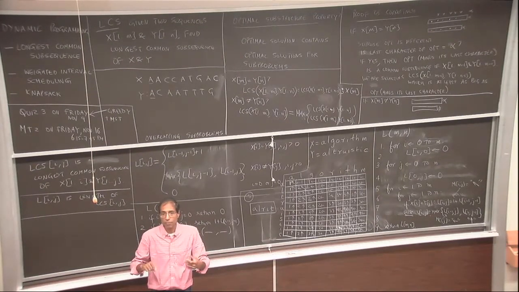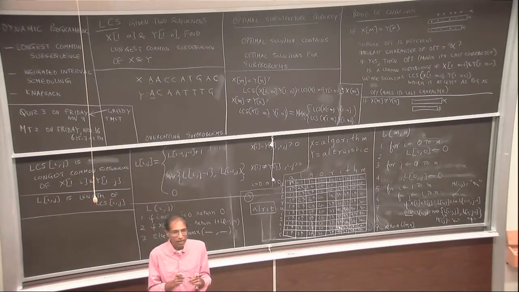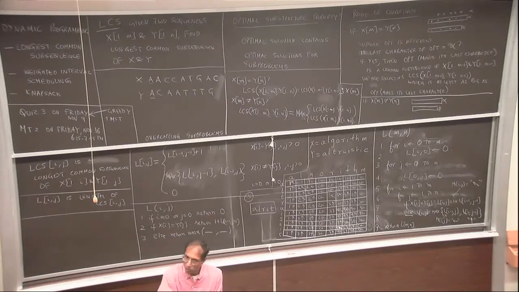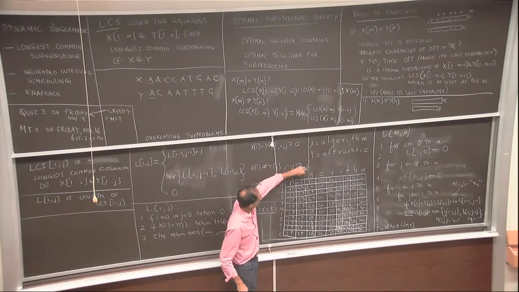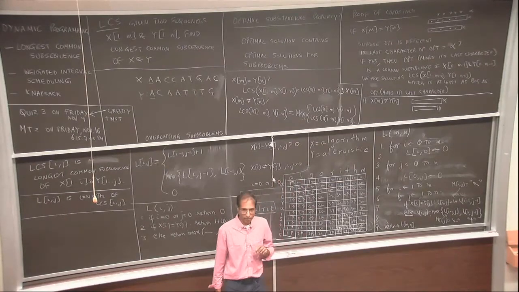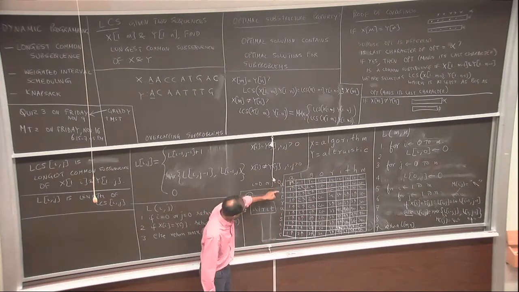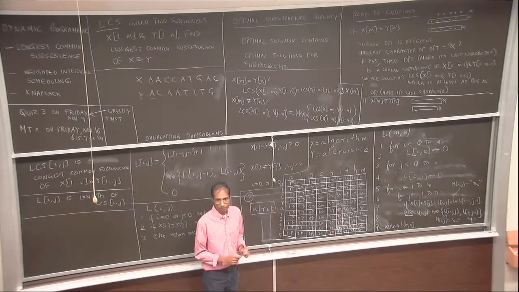That would be the longest common substring problem. The longest common subsequence problem is, I want two subsequences where I do not need contiguity. I can drop things, but they have to appear in the same order. Okay? So A, L, R, I, T appear in the same order here, but they are not contiguous.